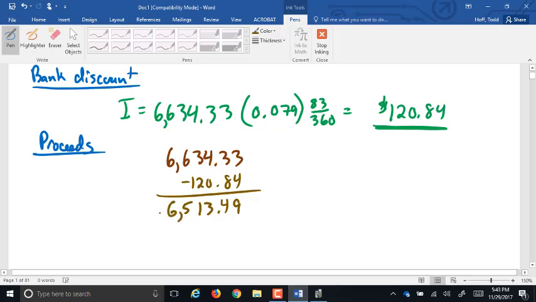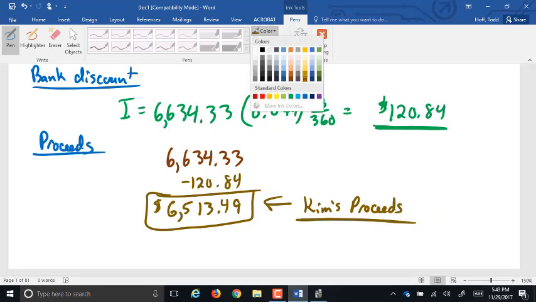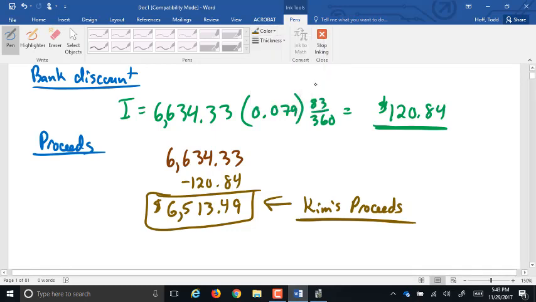Which is $6,513.49. That is Kim's proceeds. So Kim gets their money back plus $13.49 in interest. The bank gets the rest.